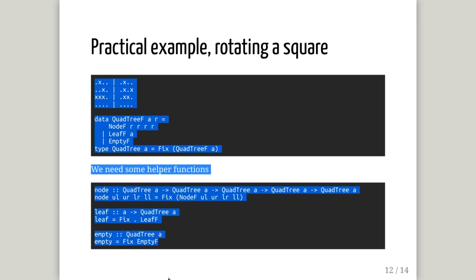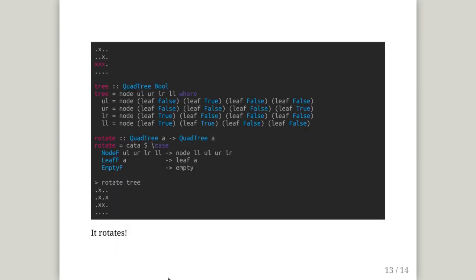If we create the quad tree, on each level it will be wrapped in the fixed point, so we can again recurse into it. And we can define a couple of helper functions: in order to create a node, we wrap it into a fixed point, and we create a node. And same for the leaf and same for the empty element, we wrap it inside the fixed point.